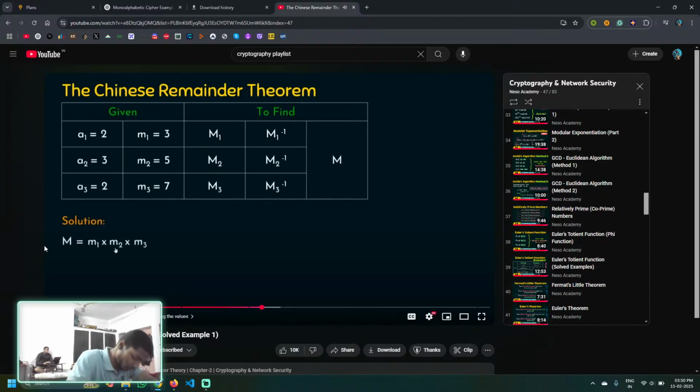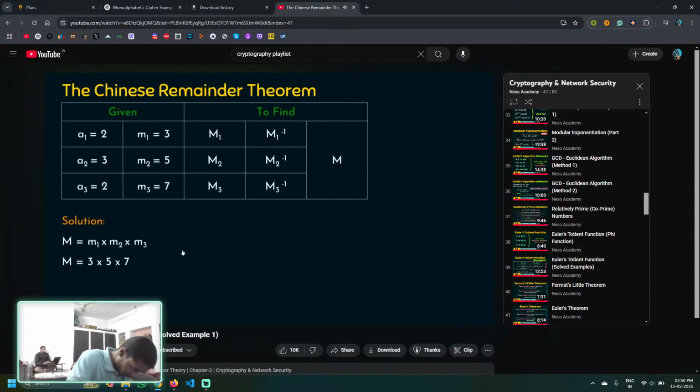So capital M is the product of small m1, small m2, and small m3. So when we substitute this, we get capital M equal to 3 into 5 into 7, which is equal to 105. So we found the value of capital M, which is 105 here. We are done with finding capital M.